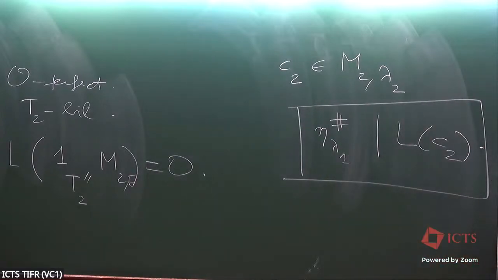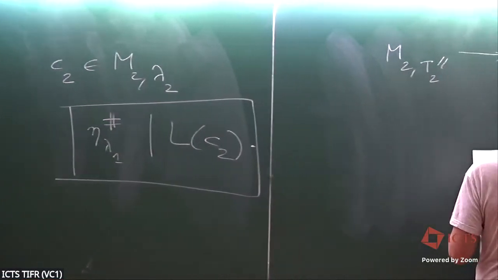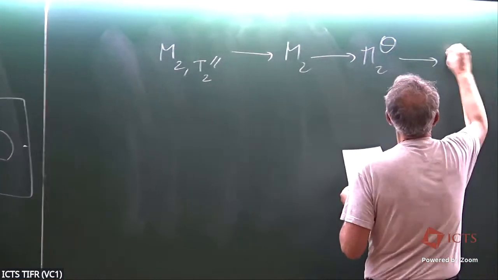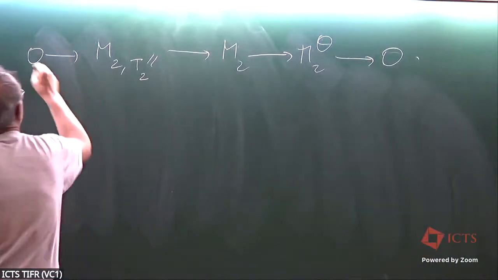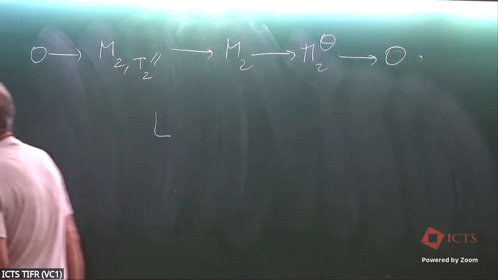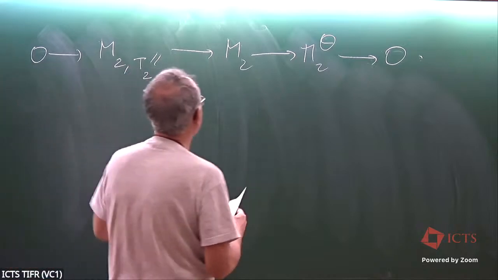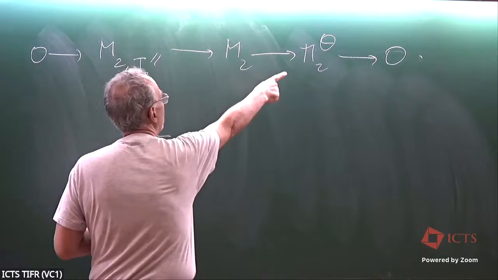So I start with the exact sequence which I wrote last time, M2 theta goes to 0. So this I explained last time. And we have this L, this linear form. This linear form, by assumption, vanishes on this. So this linear form factors through this thing.